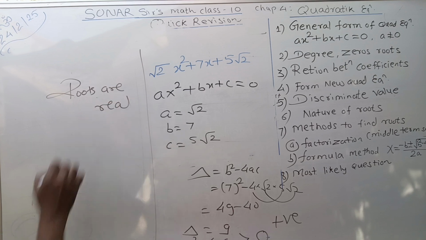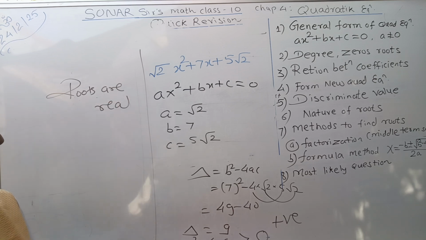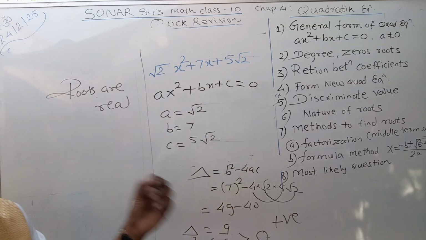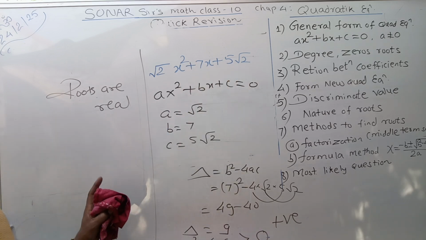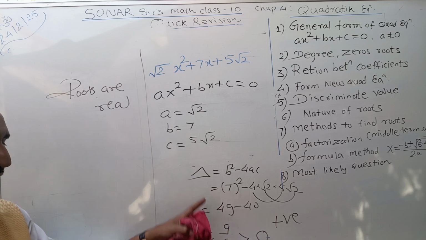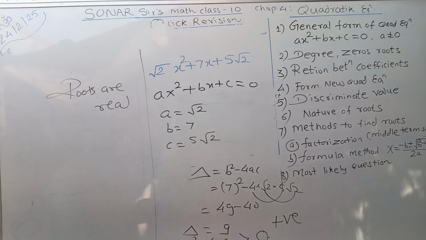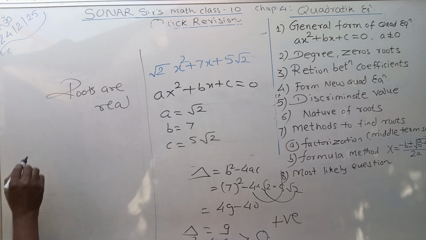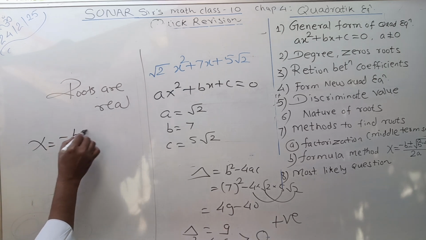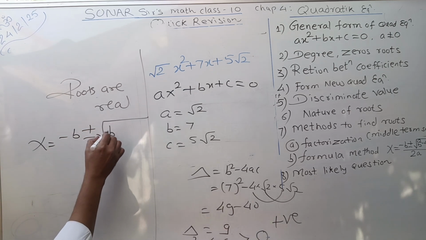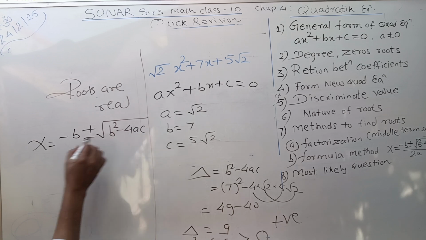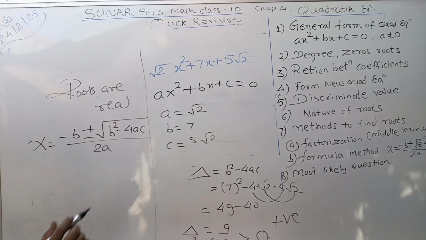Roots are real. Now we suggest that whenever the root term is there, we prefer the formula method to find the roots. It is simpler to understand, and we already got the value of b square minus 4ac, so we can easily find the further roots. So we'll write down the formula. x is equal to minus b plus or minus root of b square minus 4ac, upon twice of a.